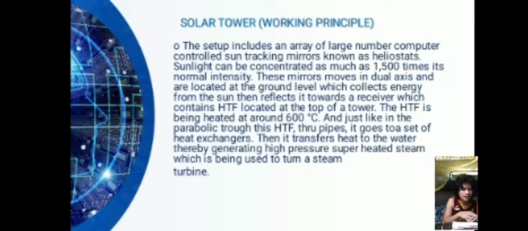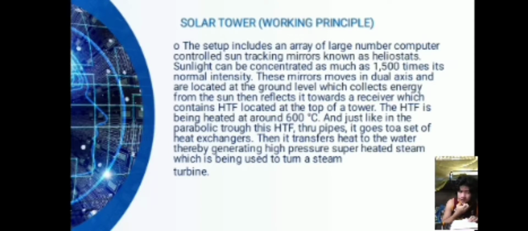So, basahin natin. The setup includes an array of large number of computer-controlled sun tracking mirrors known as heliostats. Sunlight can be concentrated as much as 1,500 times its normal intensity. These mirrors move in a dual axis and are located at the ground level, which collect energy from the sun, then reflect it towards a receiver which contains HTF located at the top of the tower.